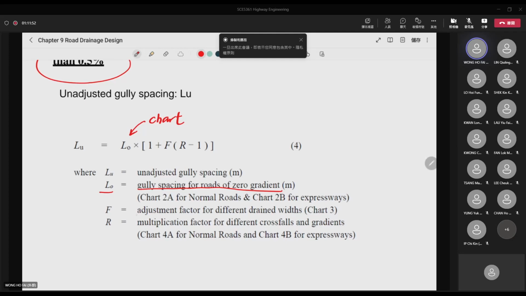And the F is the adjustment factor for different drained width. So this one is another adjustment factor. It depends on the drained width. And finally, R is the multiplication factor for different crossfall and gradient.